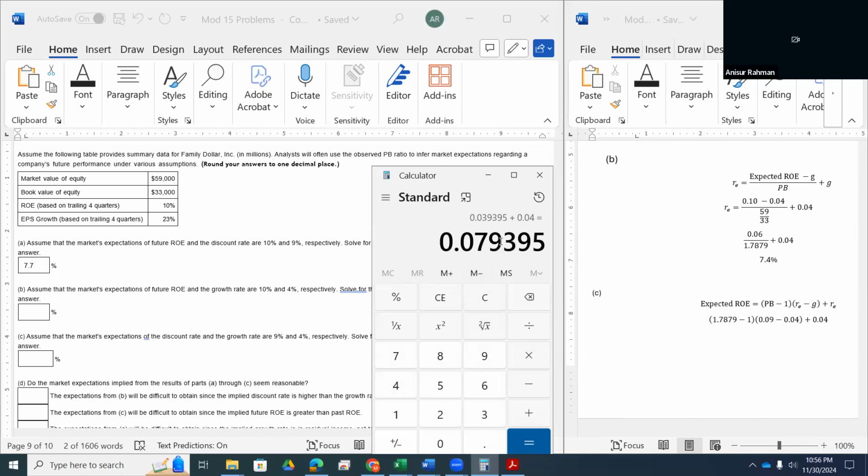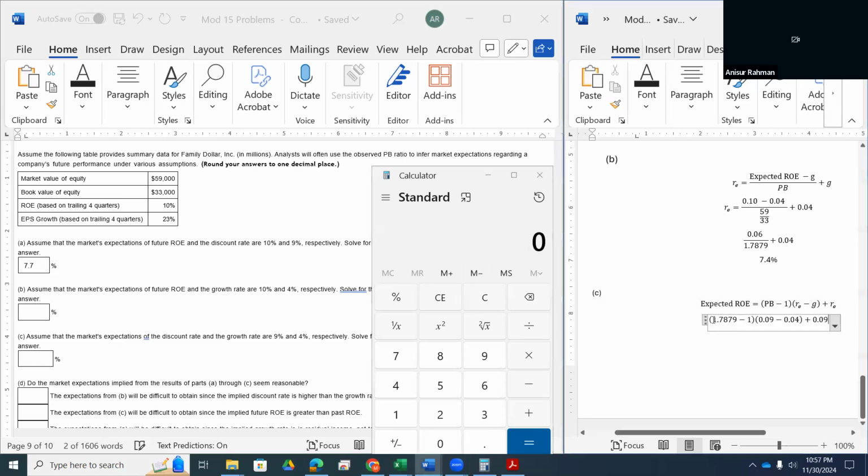So I think I made a mistake somewhere. Let's see. Oh, this is RE, not the growth rate. So RE is 0.09. So let me redo this.